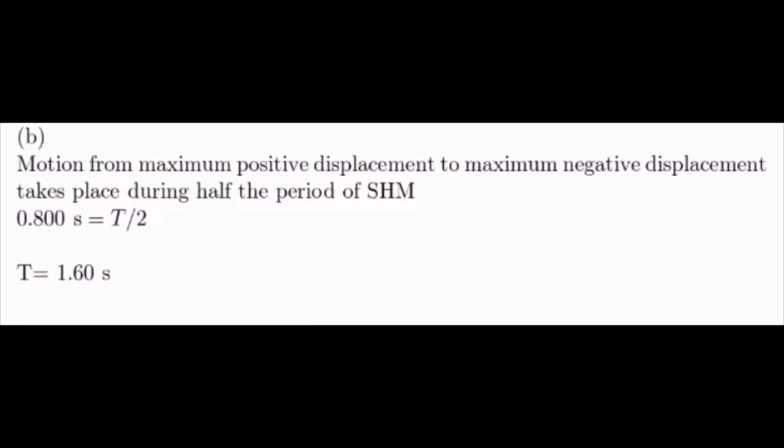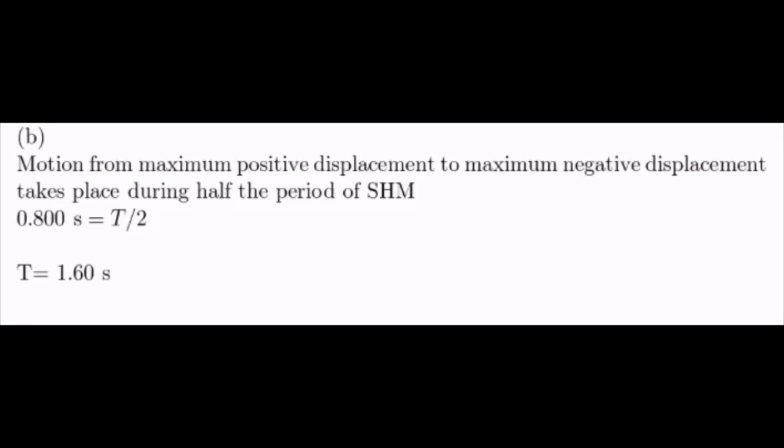Now, for finding the period of our motion, the question states that the time it took for the object to move from positive 0.120 to negative 0.120 was 0.8 seconds. We know that the motion from the maximum positive displacement to the maximum negative displacement takes place during half the period of SHM.